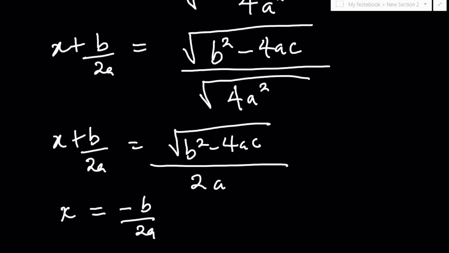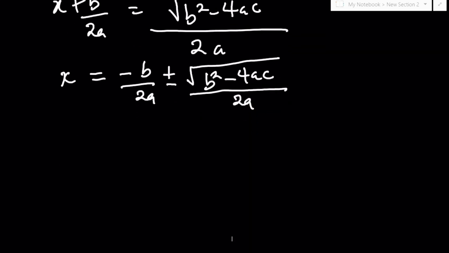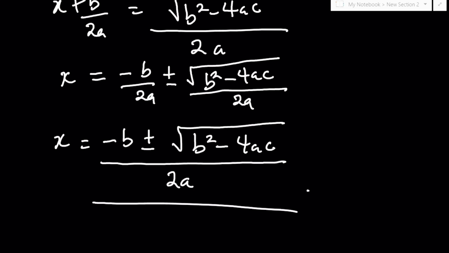Then because this is a quadratic equation, we're expected to get two answers, so it becomes plus or minus the square root of b squared minus 4ac all over 2a. Now note that we have a common denominator, which is 2a, so we can now finally say that x is equal to minus b plus or minus the square root of b squared minus 4ac, all over 2a, and this is the quadratic formula.